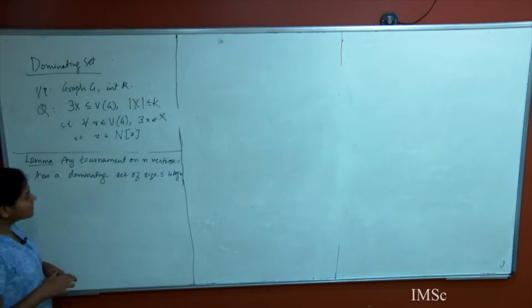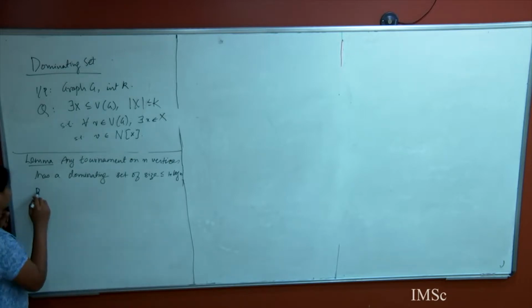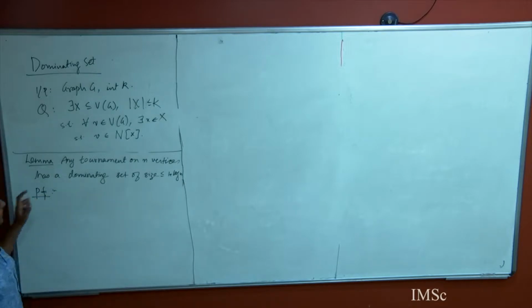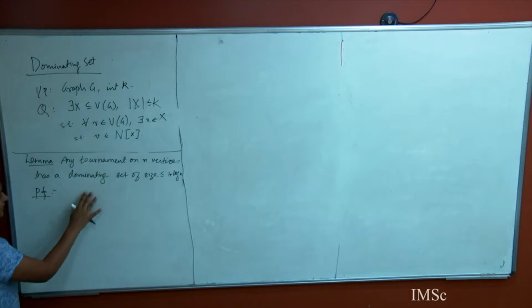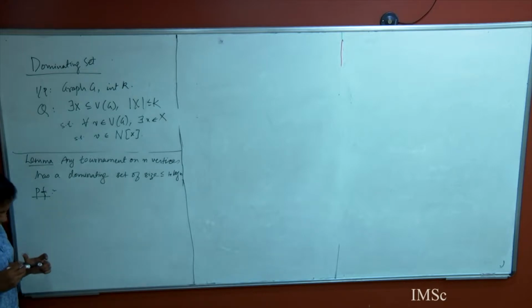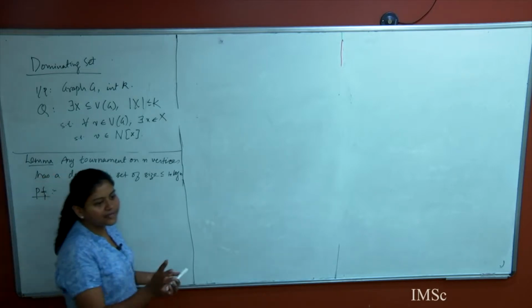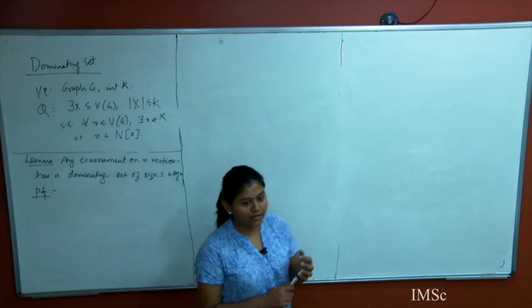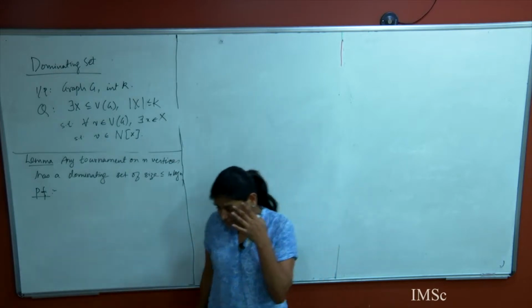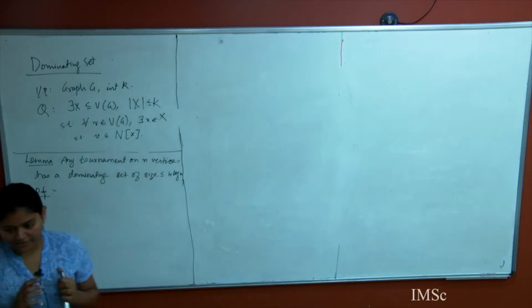Notice that in tournaments you can compute a dominating set of this size; we'll come to this later. For now, let us focus on how we prove this statement. We don't want an algorithmic proof, but any proof will do. We are just proving a combinatorial bound. So any idea how we can proceed?